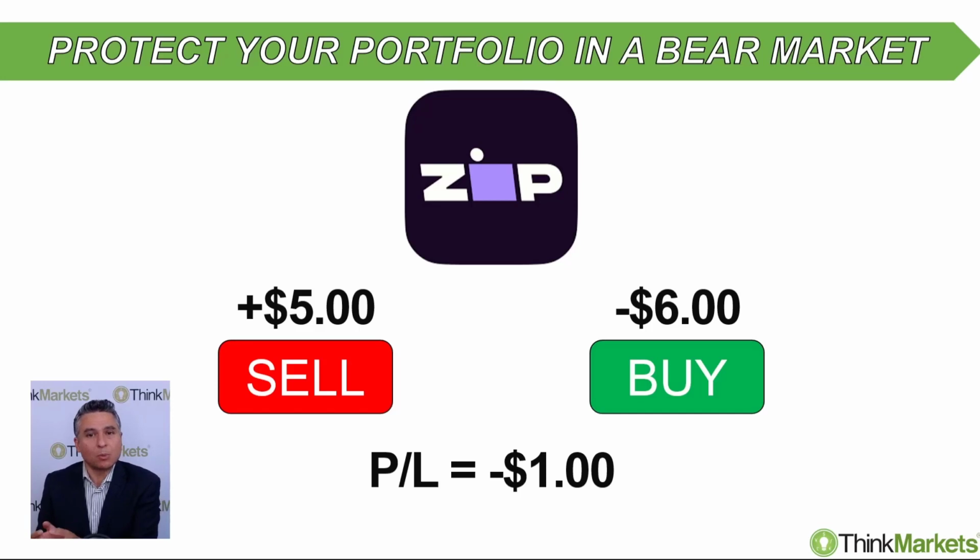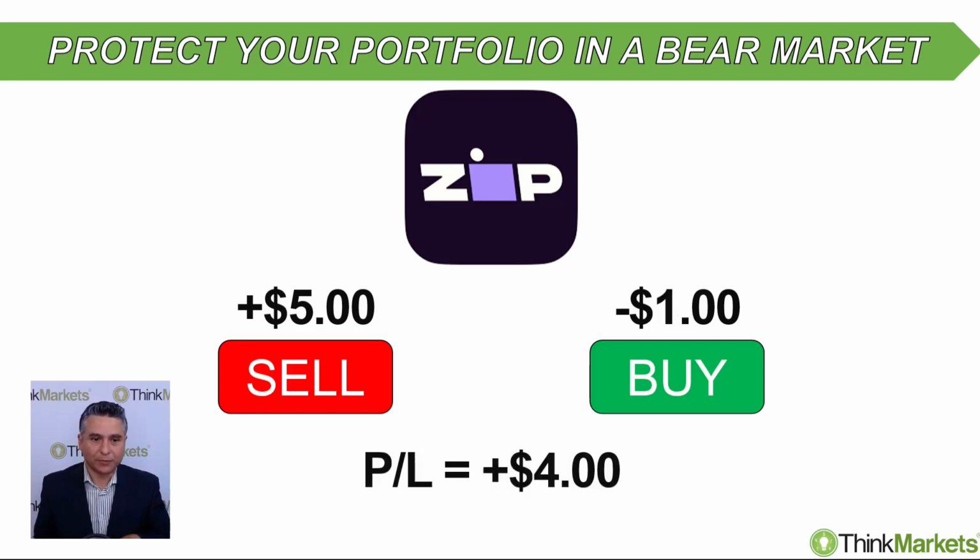Clearly, the cheaper we can buy back those shares, the more of our initial credit we'll have left at the end, which will be our profit. Now, in this case, it didn't go our way. The price went up to $6. We hit the buy button and we've got a debit at the end of this trade of $6. So at the start, we had a credit of $5. At the end, we had a debit of $6, which leaves us with a $1 loss.